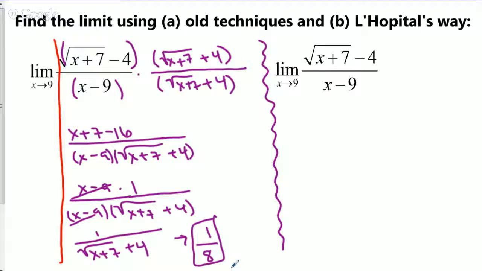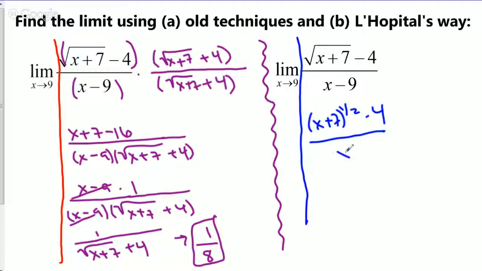Okay, why don't we try using L'Hopital's rule now? So I already know that it is an indeterminate form, right? I get 0 over 0 when I plug in 9 for x. All right, so then let's differentiate numerator and denominator with respect to x. Should we first rewrite this like so?